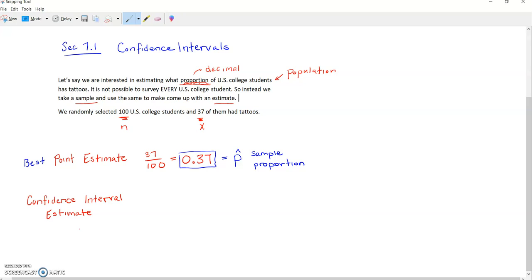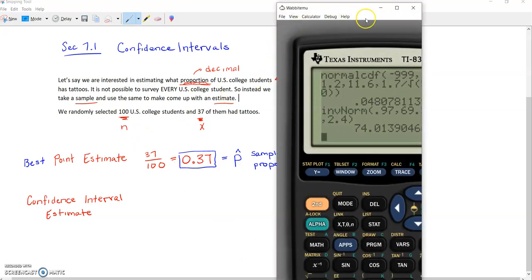That's what a confidence interval is. It's guessing a range and we think the correct proportion is in that range somewhere. So let's get out the calculator and do it in the calculator first.